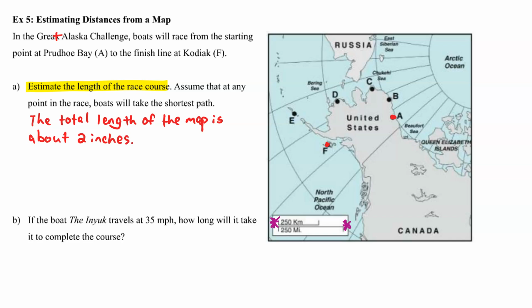Just by using those measurements to estimate our inches. And so according to the scale, 3/4 of an inch is going to equal 250 miles.